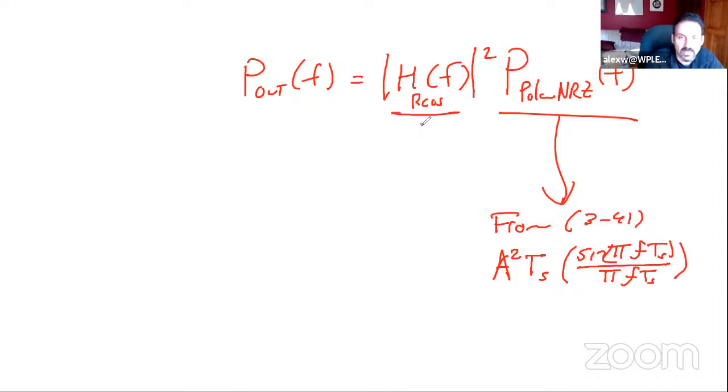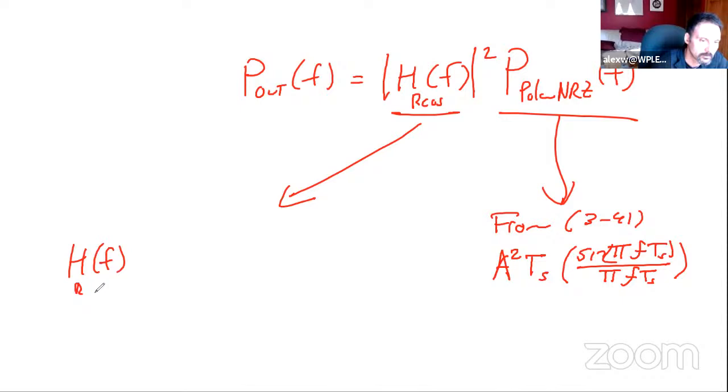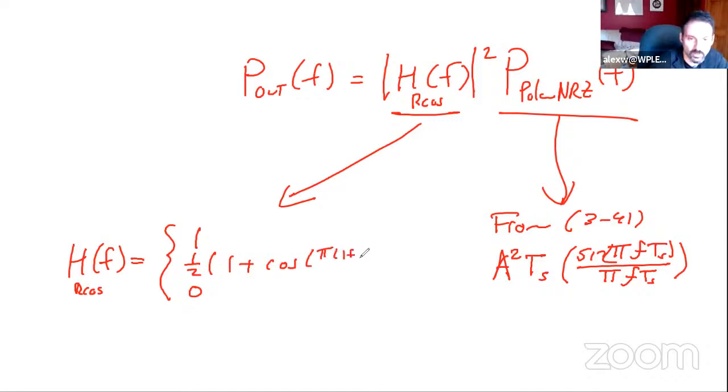This guy, just inside the brackets, what is that going to be equal to? Let me bring it back. This is going to be equal to H of F, and that's going to be 1 plus cos pi, and then magnitude of F minus F1 over 2 F naught.